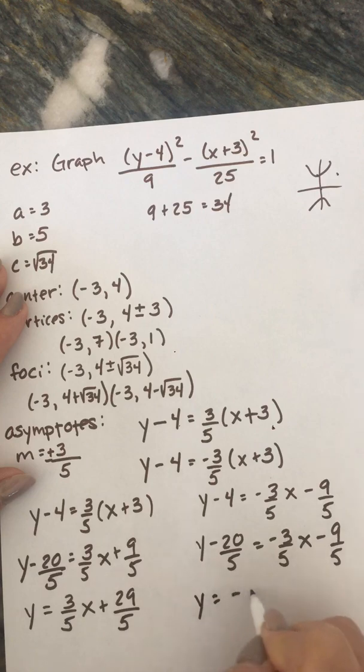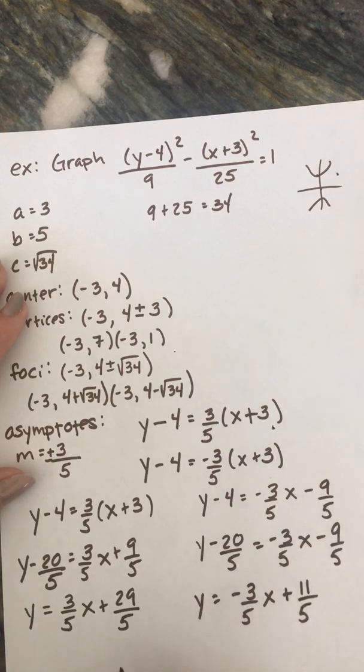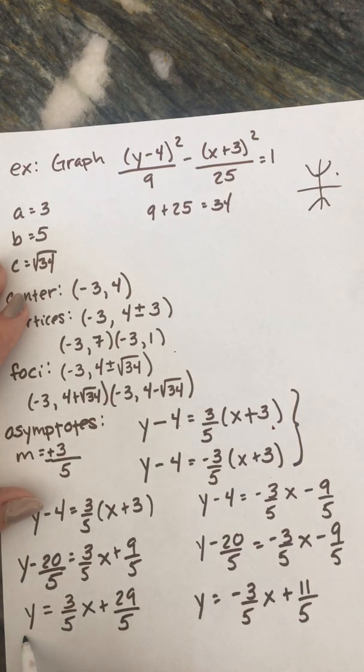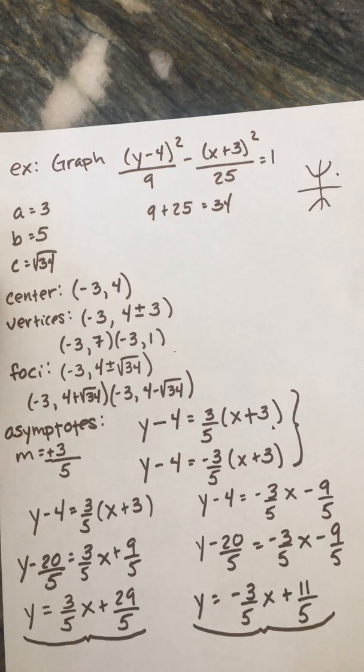So y equals negative 3/5 x. I'm going to add 20/5 to both sides, so that'll be 11/5. So on a test, I honestly don't care which form you write it in. But to match it with the back of the book, if you're trying to check your work, there you go.